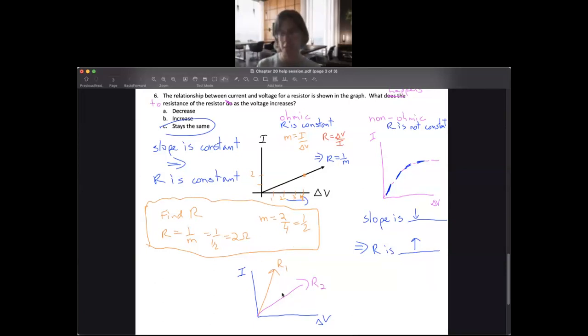So the one with the highest resistance, as we talked about over here, R equals 1 over M. The one with the smallest slope is going to have the highest resistance. So it is indeed R2 that has the highest resistance because it has the smallest slope.